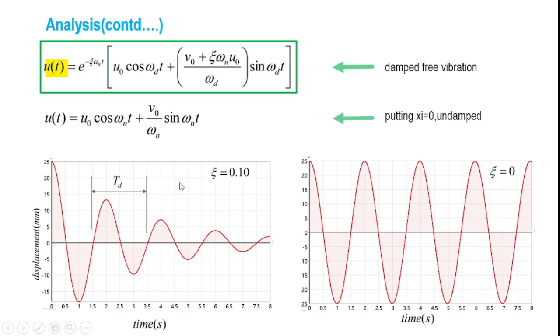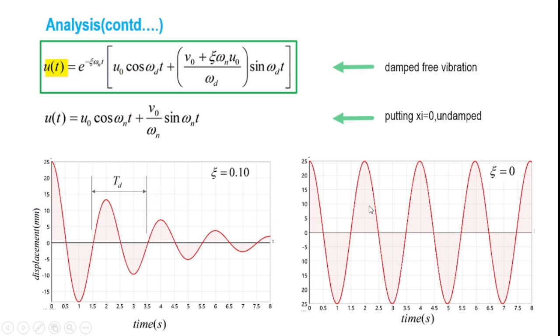So just compare. I have considered another case, c equal to 0. What is c equal to 0? It is nothing but an undamped system. Now look here, the two variations. For an undamped system, we find that the amplitude remains constant. Whatever the time, the amplitude remains the same. Whereas in a damped system, we find that the amplitude decays with respect to time.